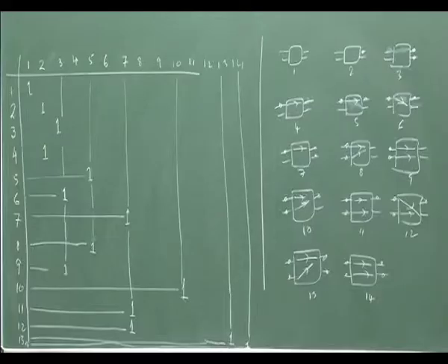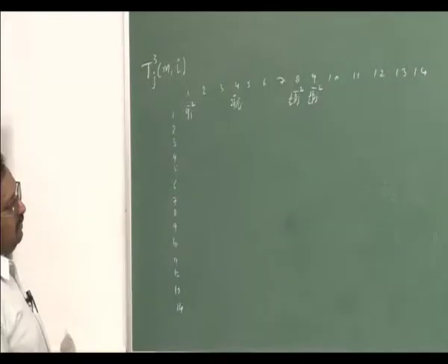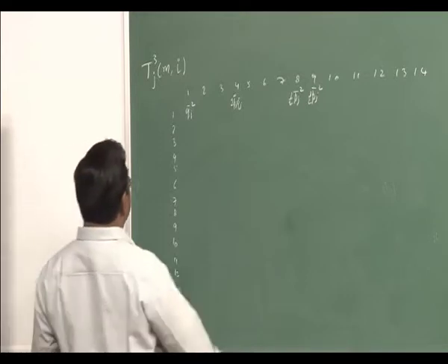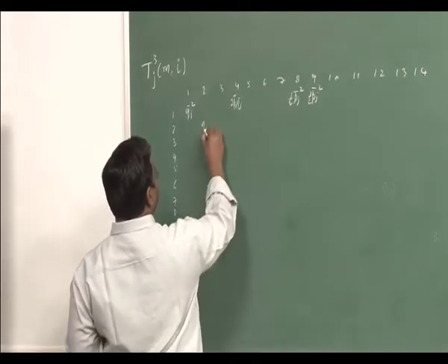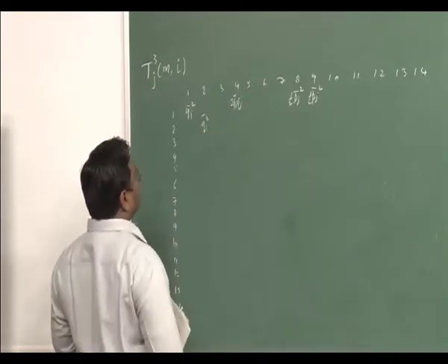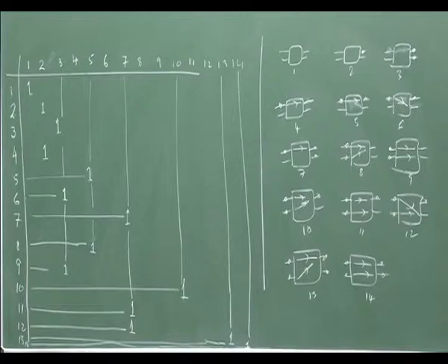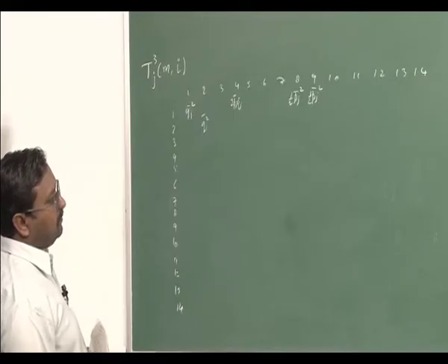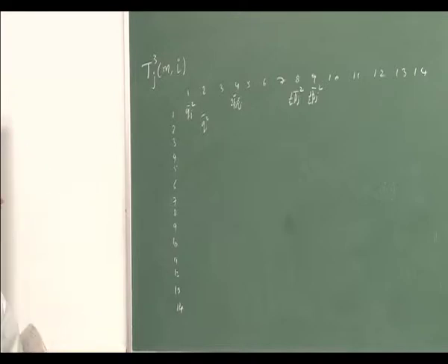Similarly, state 2, you can have no packet arriving, you will remain in state 2. If one packet arrives, it will be either 5 or 6.